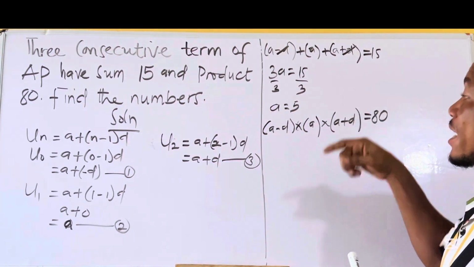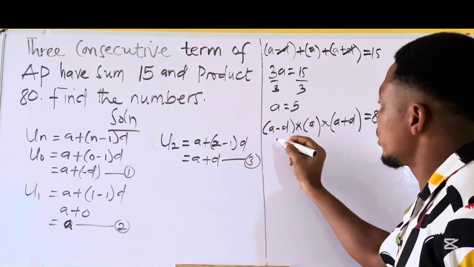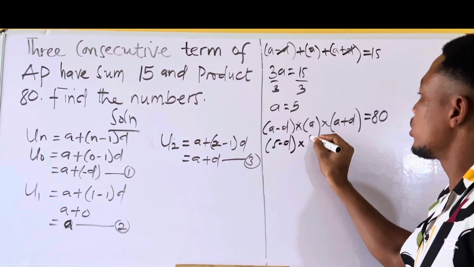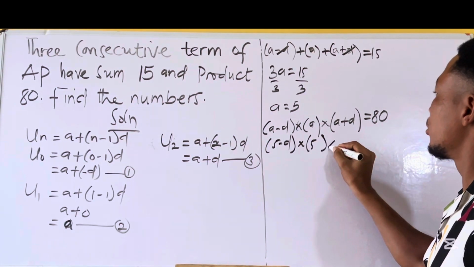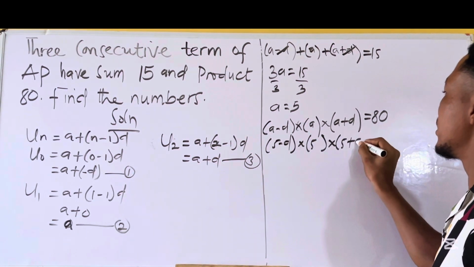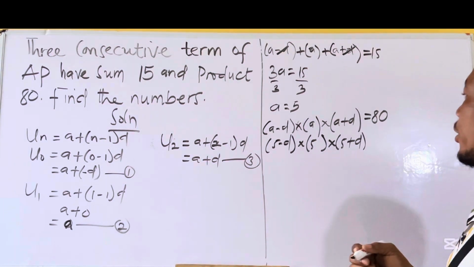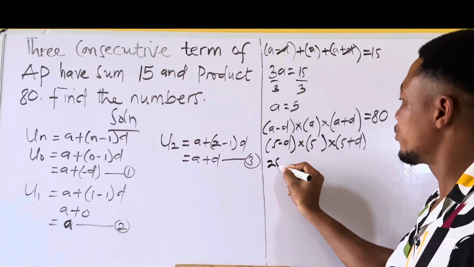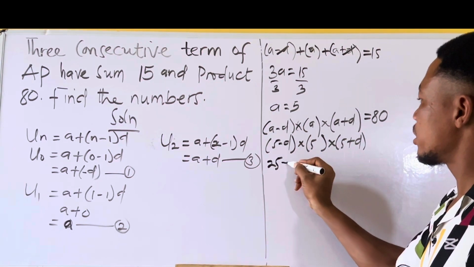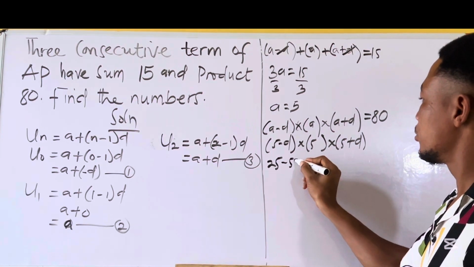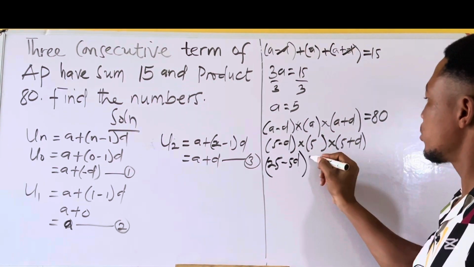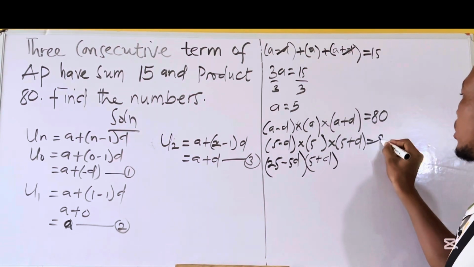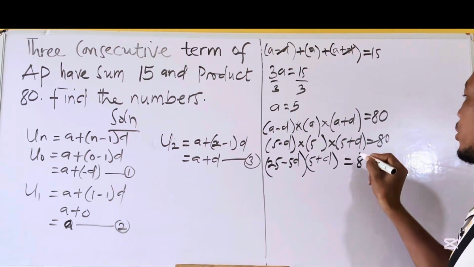So let's replace our a by 5. So we have 5 minus d multiplying 5 times 5 plus d. Let's multiply all. So 5 multiplying 5 will give us 25, and 5 multiplying d will give us negative 5d. And this is multiplying 5 plus d, and it is equal to 80.